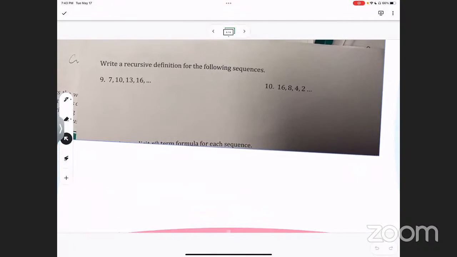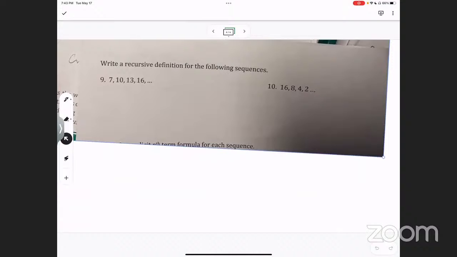Is it this? Write a recursive definition? Yep. All right. So a recursive definition means you're going to start with the first term and maybe even the second term, but you're going to define every other term based upon the previous term. It's going to be a function of the previous term. You're defining it based upon itself.